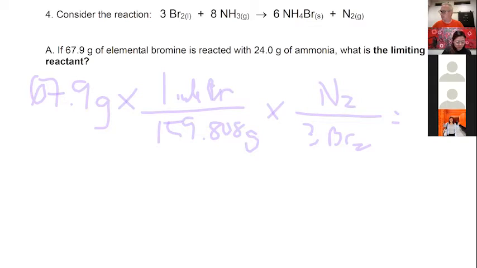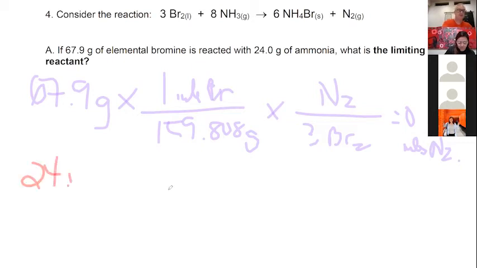So 67.9 divided by 159.808 divided by 3. Now I get a different number, 0.1423 moles of N2. Now, do the same thing with ammonia without screwing up this time.